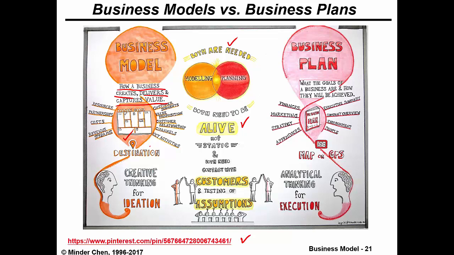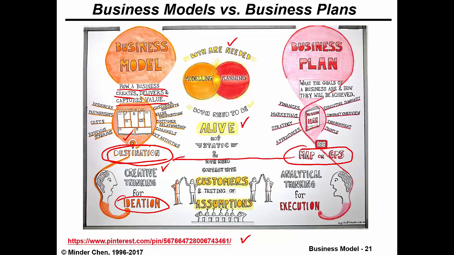The business model is the destination that you want to reach, which requires a lot of creative thinking and ideation, which means coming up with great, innovative ideas to conceptualize your business model. And the business plan is the map, the roadmap, or the GPS, which would lead you to the destination to actually build the business based on your business model.